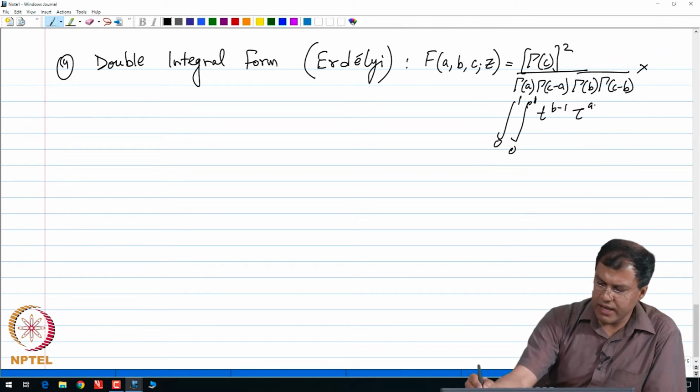Since we have two variables of integration, these are t and tau.